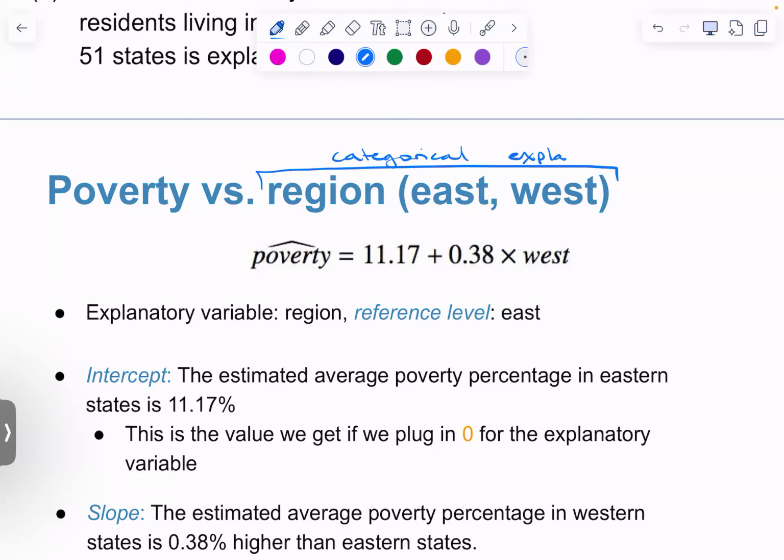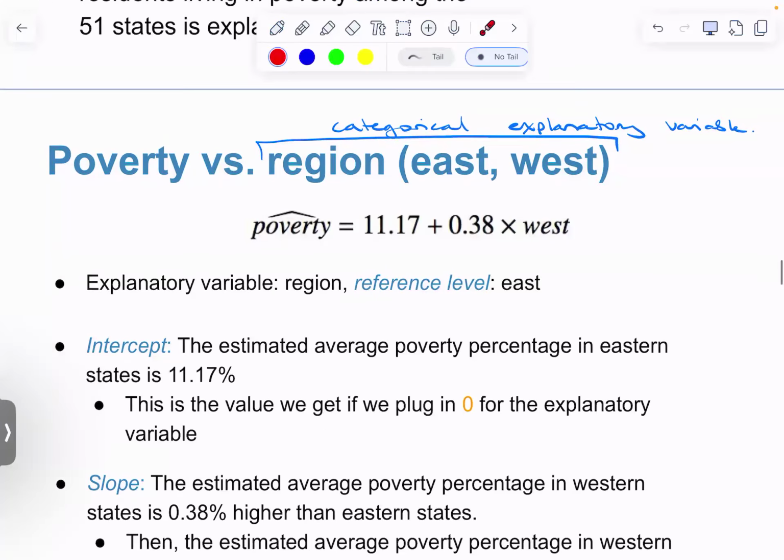Categorical explanatory variable. I just want you to see what that would look like. Now, how it works with a categorical explanatory variable: now I have categories. In this case, I only have 2 categories, east and west.